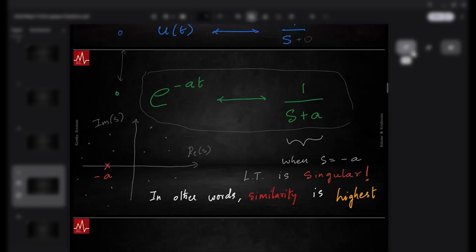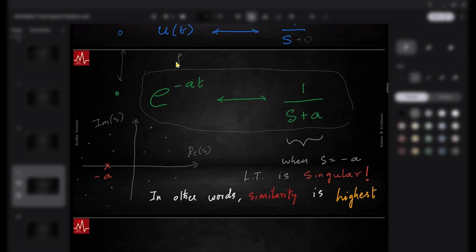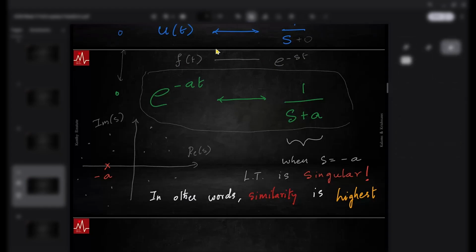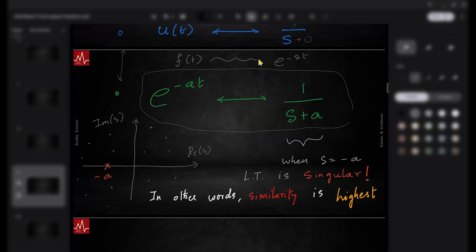So notice, this is a general function f of t. You're trying to see similarity with e power minus st, right? This e power minus at is most similar when s equals minus a. That is one way to look at it.